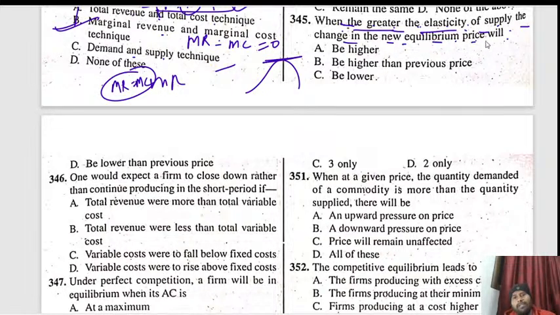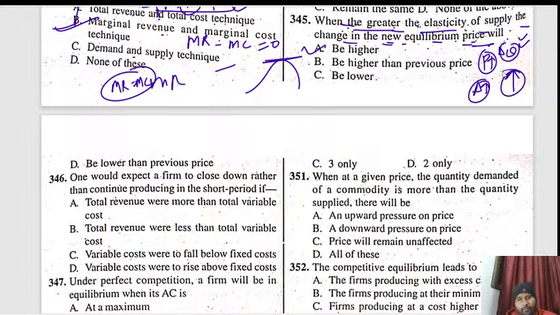Greater elasticity of supply means when price changes, quantity changes by more than the percentage change in price. So in the new equilibrium, price will not be higher, because price will change a bit, then quantity supplied will increase more than that.